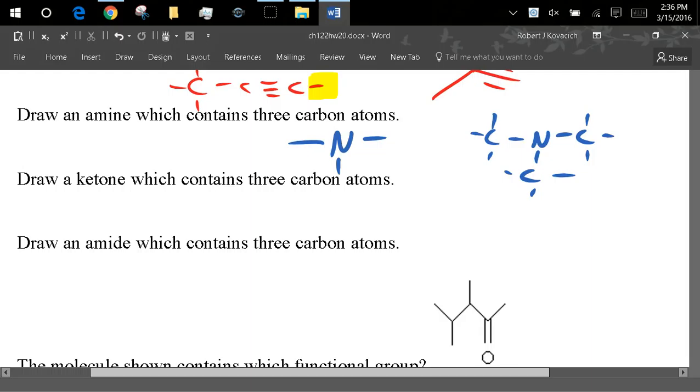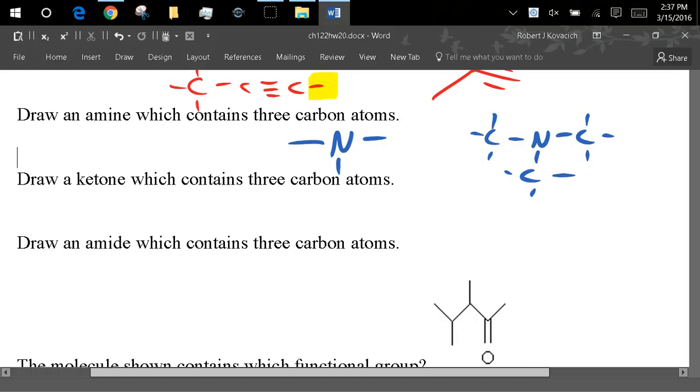Definitely need a nitrogen, but what else? The carbon that it's bonded to, what about it? It can't be a C double bond O. It can't be a carbonyl carbon. So if I put a nitrogen on a molecule that's got carbons and hydrogens, as long as that particular carbon it is connected to is not a carbonyl carbon, then it's an amine.